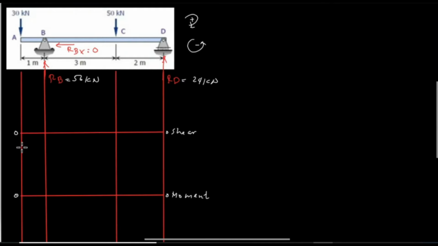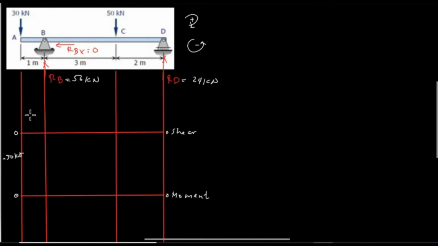If we adjust, for example, this is 30 kilonewton, and because it is downward, it has a negative sign. Next, from point A we go to point B. But from A to B, we don't have any force or load.